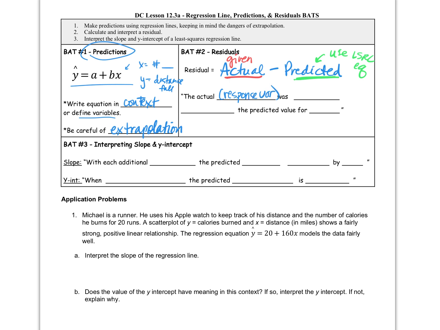Actual distance following was your residual value, whatever you get, higher or lower, depending on if it's positive or negative, than the predicted value for x equals whatever your explanatory variable is. So the actual distance following was 1.33 centimeters higher than the predicted for x equals 5 rubber bands. Okay?